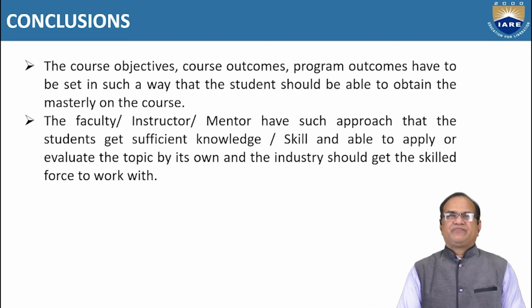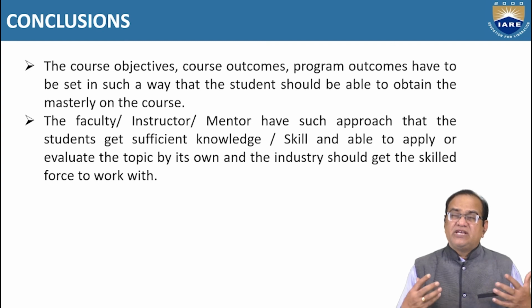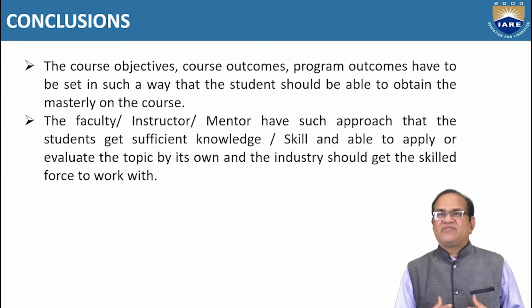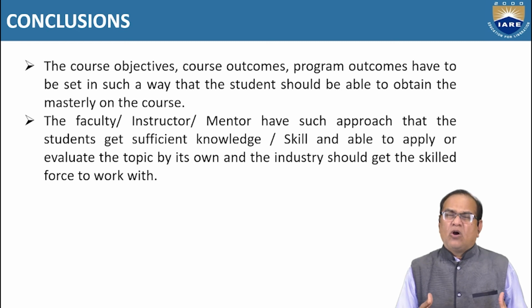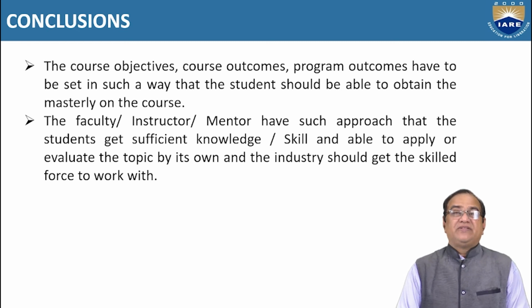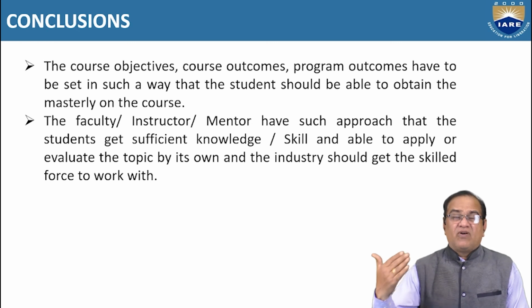In this you see that the course objectives, course outcomes, and program outcomes have to be set in such a way that the students should be able to obtain mastery of the course. So we have to prepare our course in such a way that the students get sufficient knowledge of a particular course outcome, and sufficient knowledge in remember, understanding, apply, and then further levels.